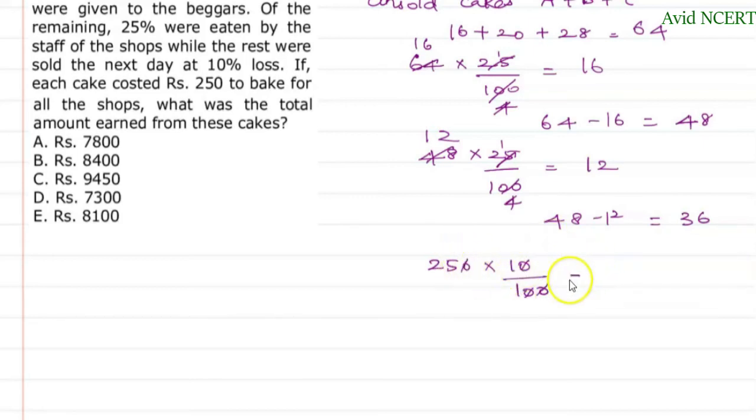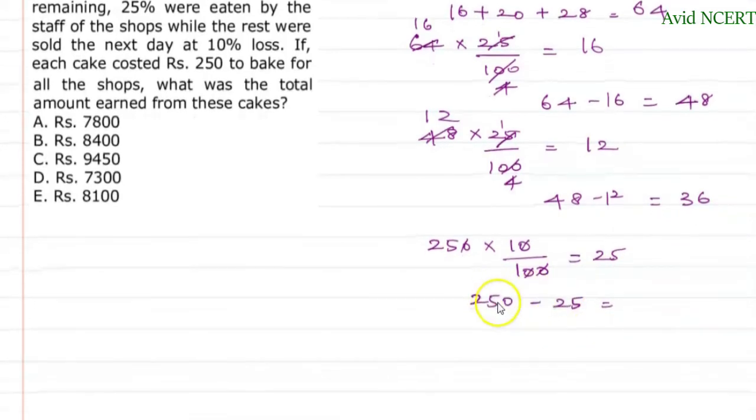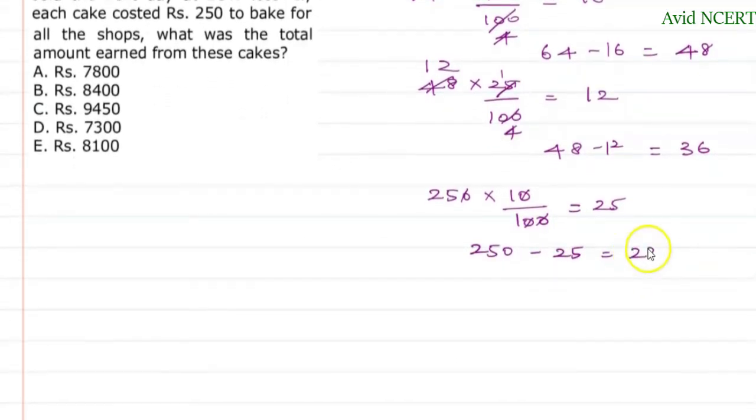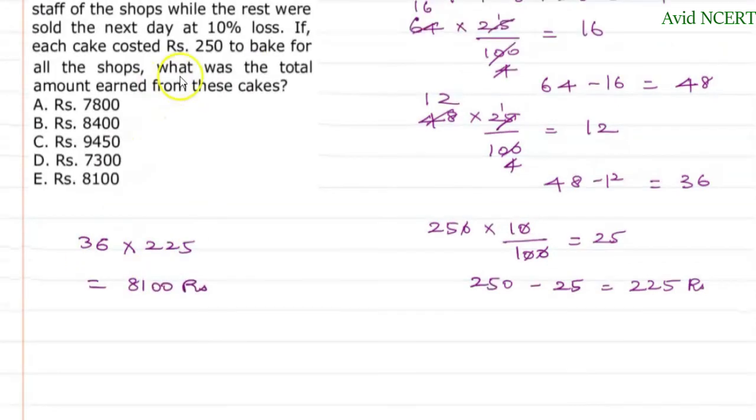So which is 25. So 250 minus 25 is the loss rate, which is 250 minus 25 is, so 225. So the remaining cakes were sold for 225 rupees. That is, this remaining 36 cakes were sold for 225 rupees, which is equals 8,100 rupees. So the total amount earned from the remaining cakes is 8,100 rupees.